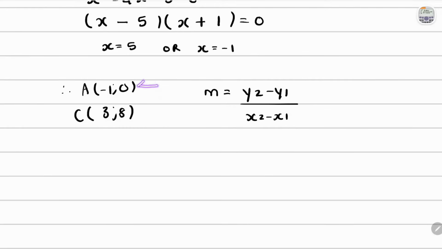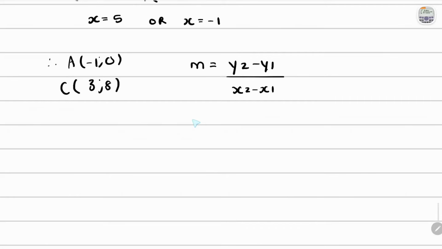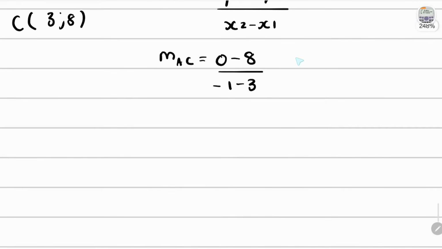If you're going to say top minus bottom, you need to do the same thing with the x values as well. So the gradient of AC is 0 minus 8, top minus bottom, over negative 1 minus 3. We know that 0 minus 8 is negative 8, and that gives you negative 4. So negative 8 over negative 4 is positive 2. So that is our gradient.